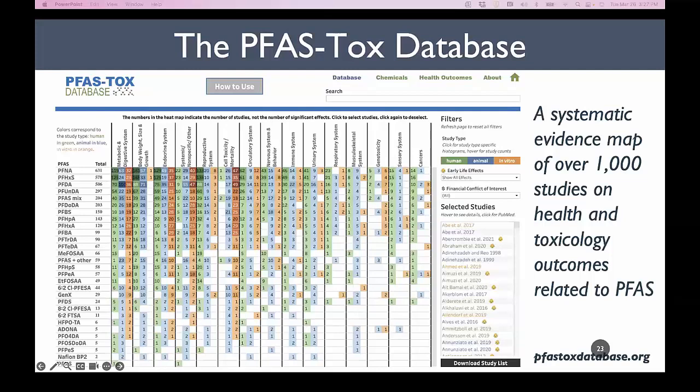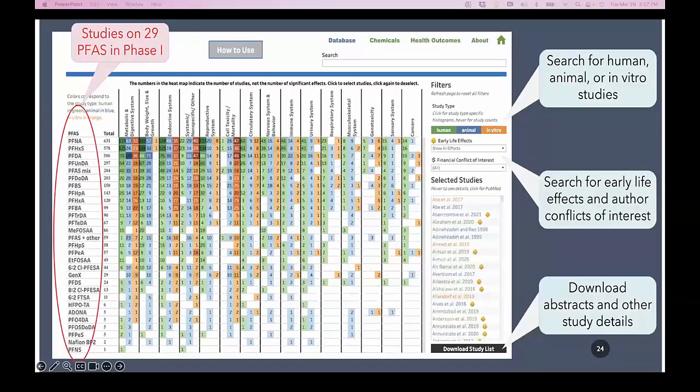And so here is where you can search for human studies in green. You see at the top right, the green button. You can search for human studies versus animal studies in blue and in vitro studies in orange. You can also search for early life effects, where you see this baby face emoji where it says early life effects.